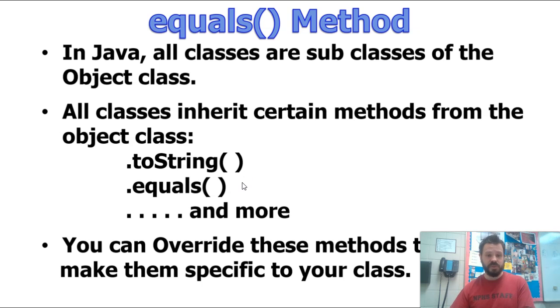Same thing with the equals method. By default, it compares the addresses, but just like with the toString method, we'll be able to override it to compare whatever we want for a specific application. So you can override these methods to make them specific to your class, such as a Point class or whatever class we're talking about.